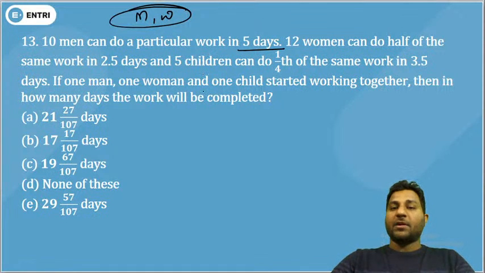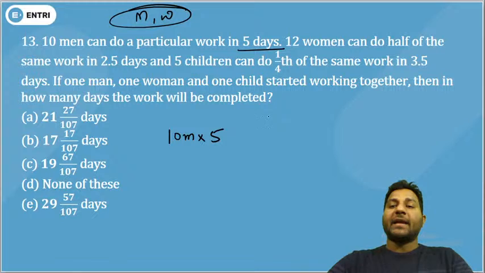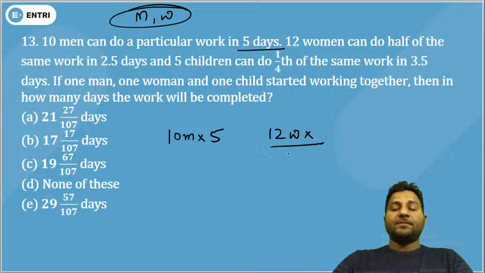Okay, so remember, always support each other. 10 men can do a work in 5 days. 12 women can do half of the same work in 2.5 days. Okay, so let's say that 10 men do 2 work and 12 women do 1 work in 2.5 days.